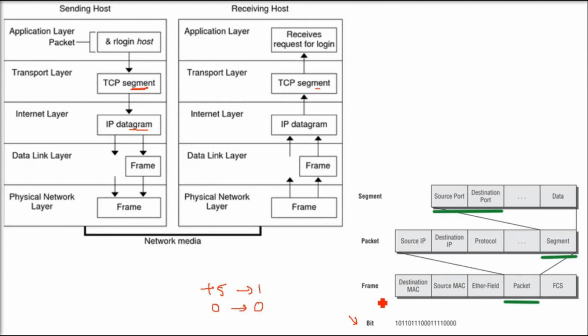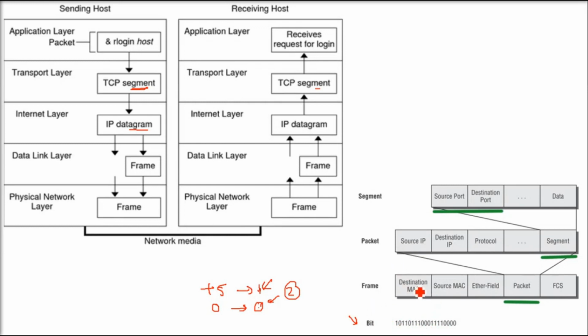Because there are 2 values, you just count them, 1 and 0 makes 2. That is why it is binary. And only this 0 and 1 is known to every digital gadget. Now this passes through coaxial, copper, fiber. Here transmission is actually taking place in the form of bits.